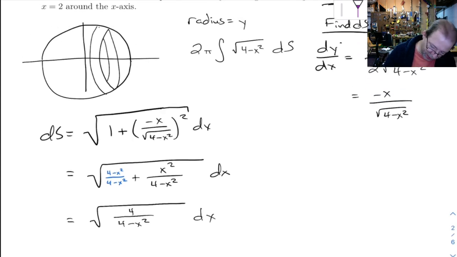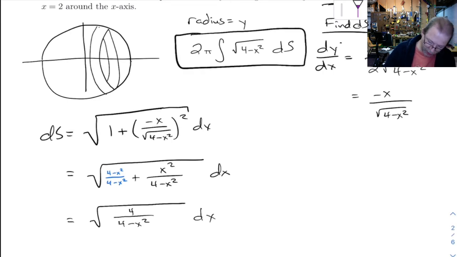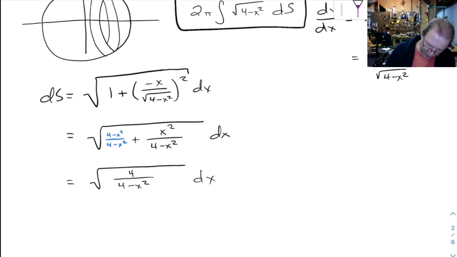So I'm going to come back up here, and this was my surface area.